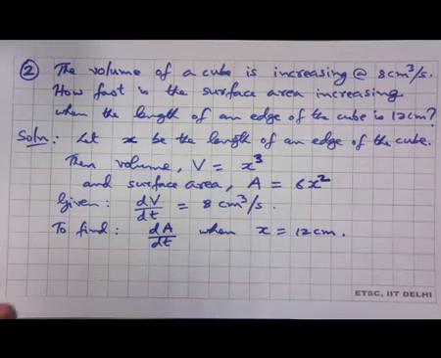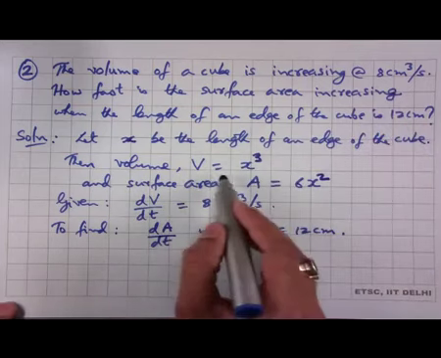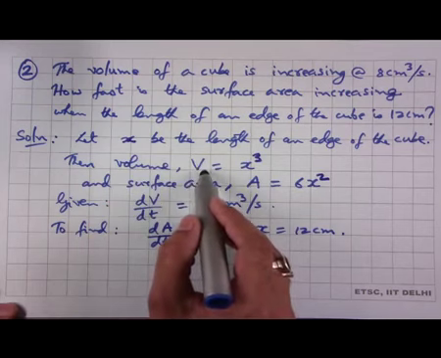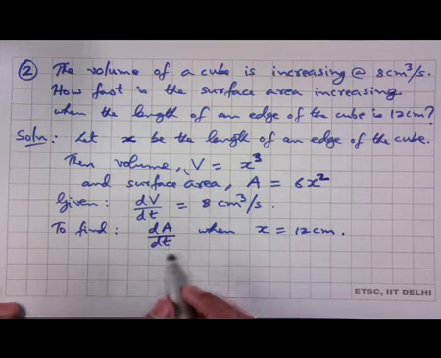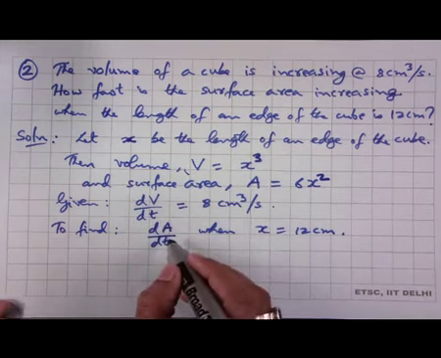So, if you see in this problem, we actually have 3 quantities which are depending on time. One is x, another is the volume which is x cubed, and surface area which is 6 x square, and we are given dV dt, we want dA dt.